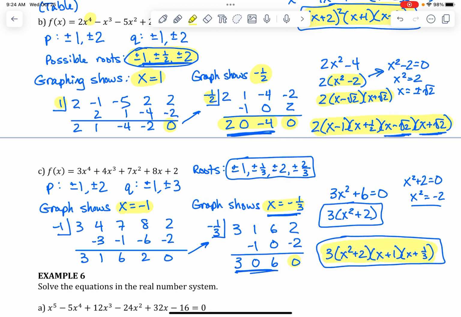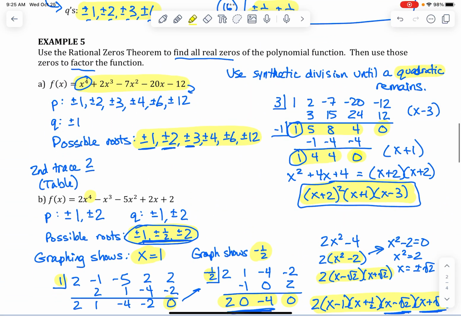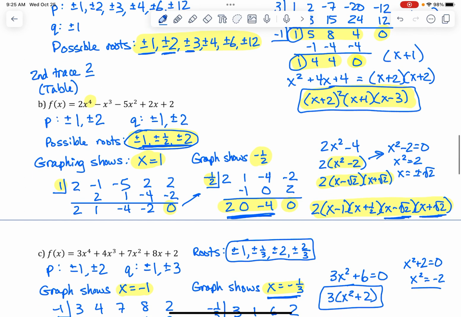Okay? So a couple little things to keep in mind. It's nice in example A when all the rational roots were whole numbers, it all worked out nicely, the graph showed us everything. That's not always the case. When you have fractional answers, you know that you're going to have some potentially interesting answers. And so in this case, we had a fractional root, and we also had an irrational root. We had negative and positive square root of 2.